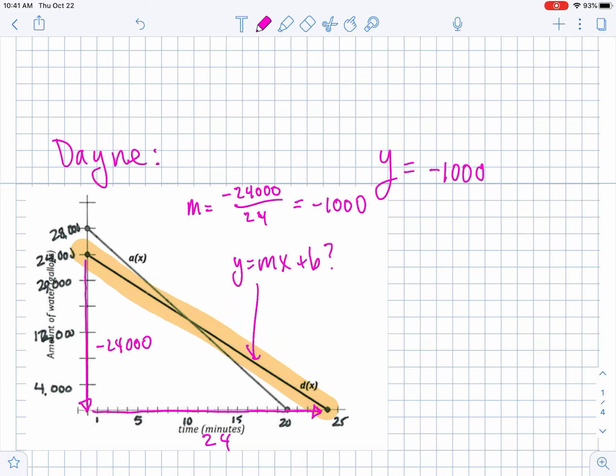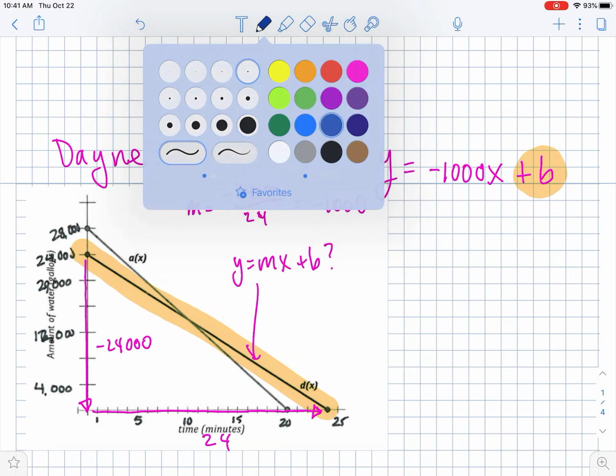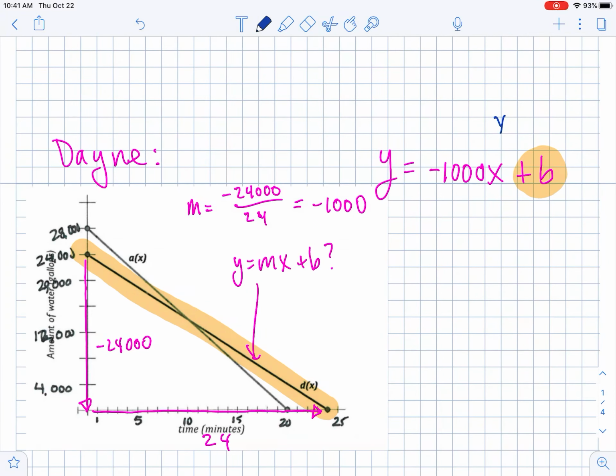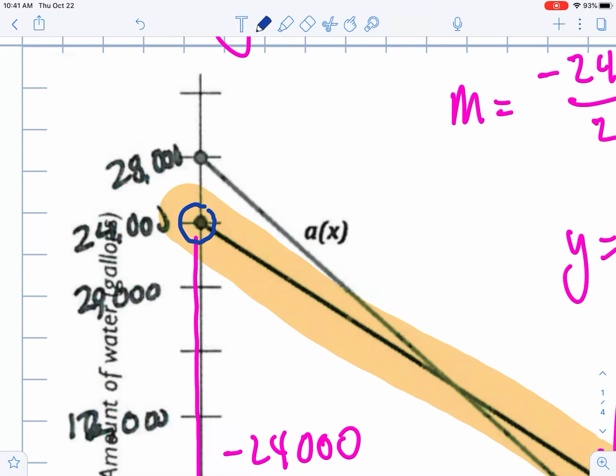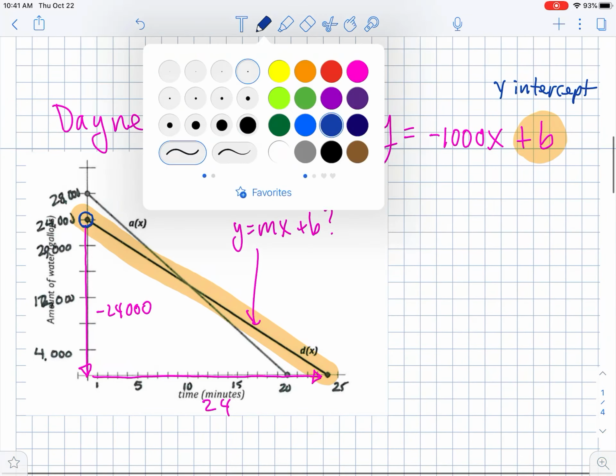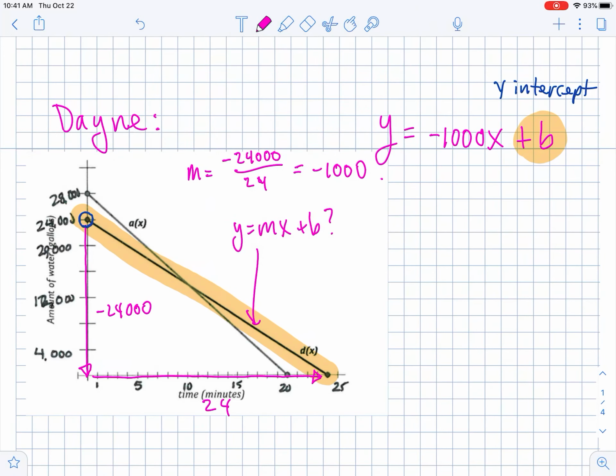So we know that his equation so far would be y equals negative 1,000x plus b. Now, just a reminder that b is your y-intercept. If we look at the graph right here, his pool line is crossing at 24,000.